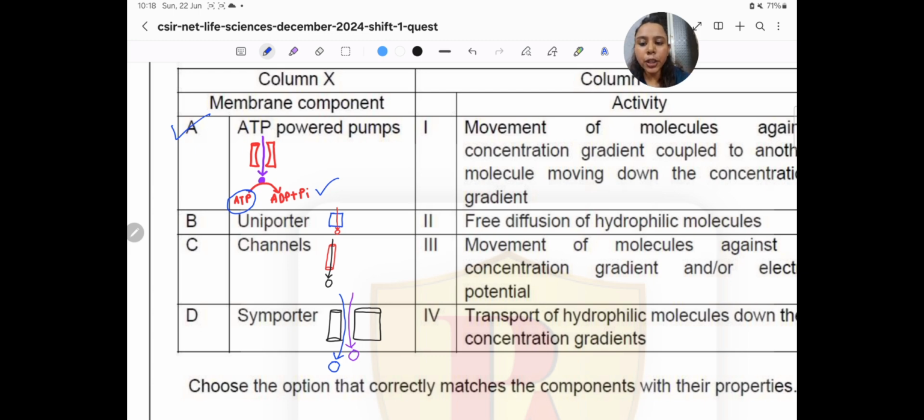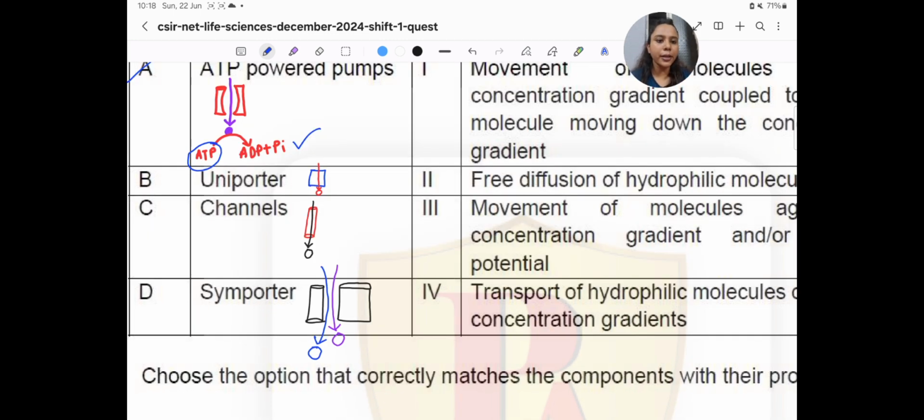In the uniport system, there is a carrier protein. It transfers a single molecule, a single substance. It acts like a shuttle, and in this shuttle only one molecule can move inside the cell.